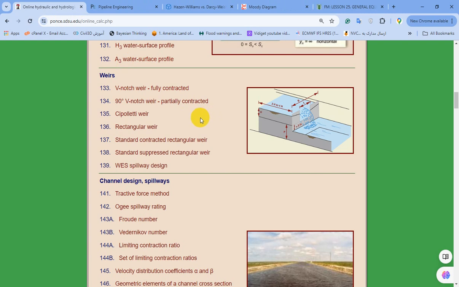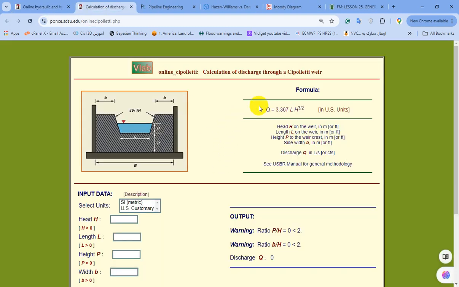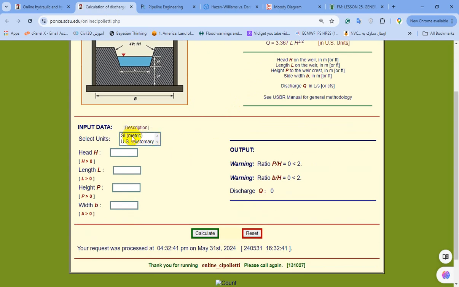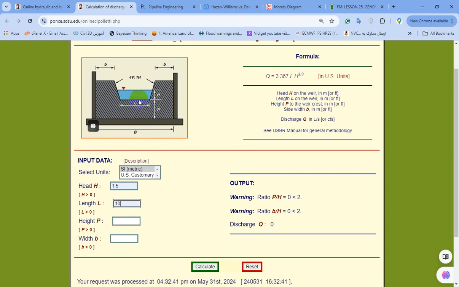One of the most important and most widely used weirs in irrigation channels is the Cipolletti weir. The Cipolletti weir is one of the simple and practical methods, and it just depends on L and H. L is the length of the weir and H is the head of the weir. Let's select the metric, the headwater, the length of the weir in this figure.